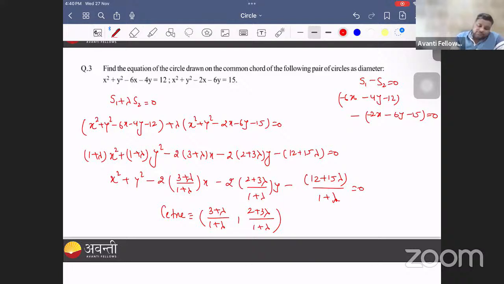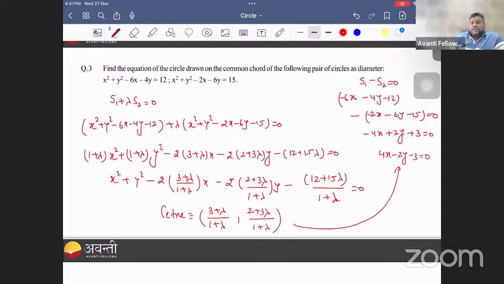Got it? Now it will be minus 4y plus 6y plus 2y plus 3 equals to 0. So that is 4x minus 2y minus 3 equals to 0.